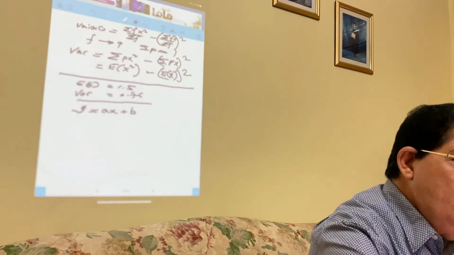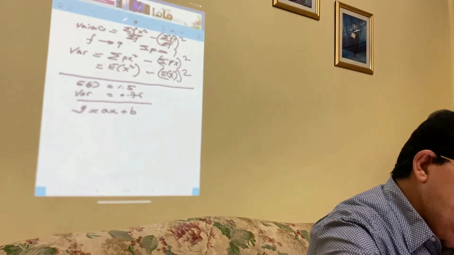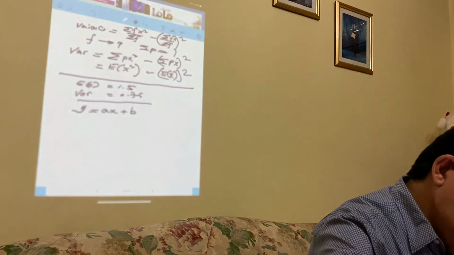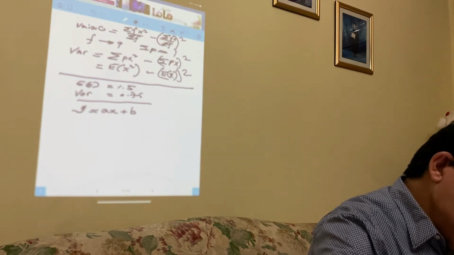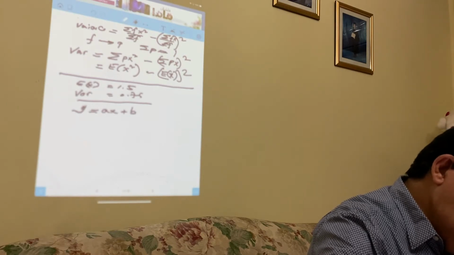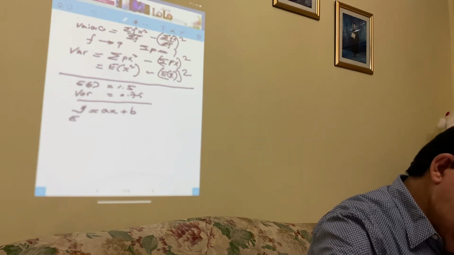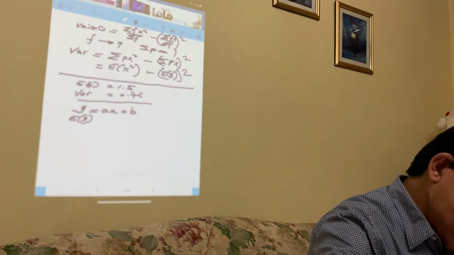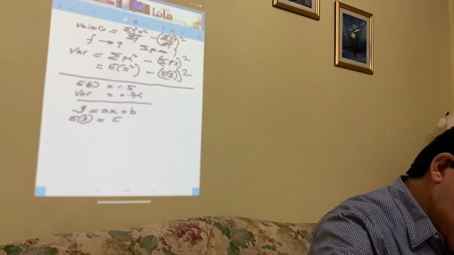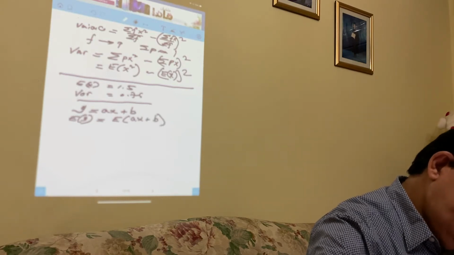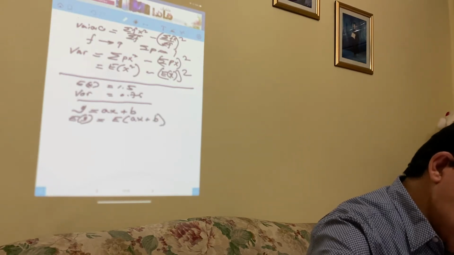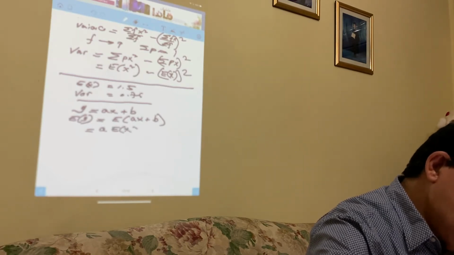Here we have rules. You should remember them. We want the expectation of the new coded variable, but it will be mentioned to you in a different way. What is the expectation of y, the expectation of ax plus b? The rule says it is a times the expectation of x plus b.